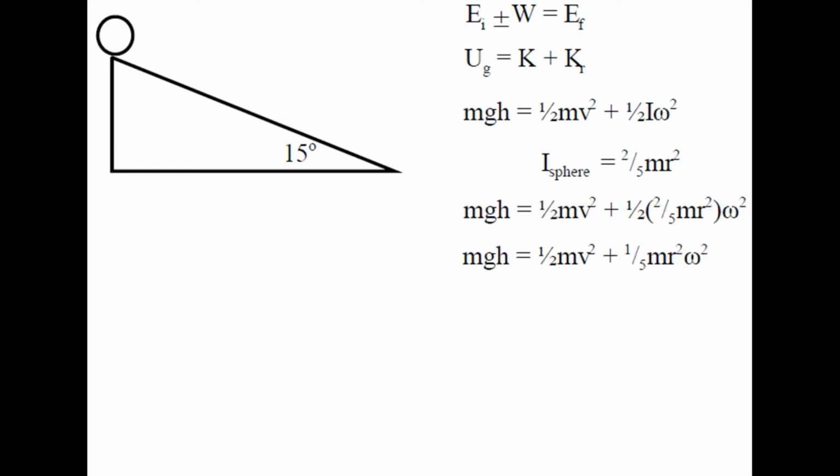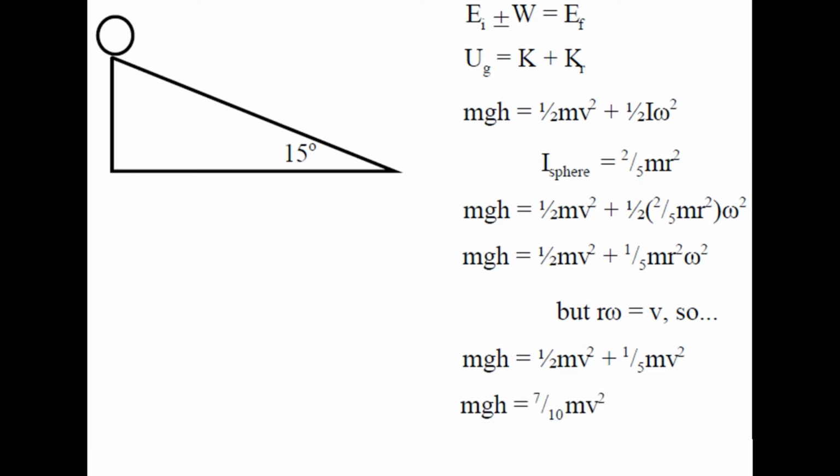Here we're going to distribute and use the fact that v equals r omega, so that r squared omega squared becomes v squared. This allows us to combine the mv squared terms and solve to get v equals the square root of 10/7 gh, not 2gh. It's not going as fast as our earlier calculations would have led us to believe. Some of that linear kinetic energy became rotational kinetic energy.